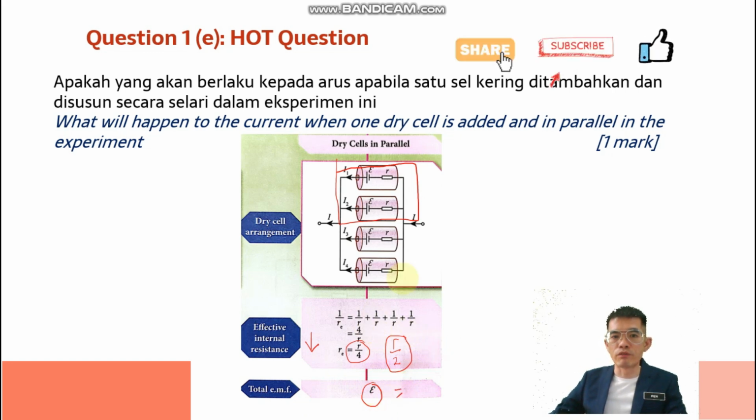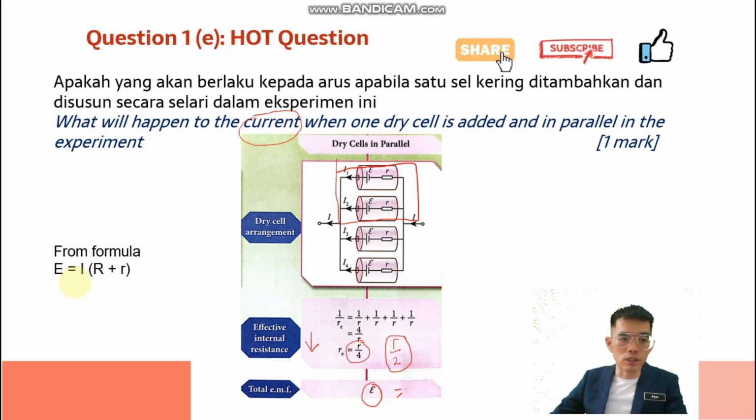So what is the effect on the current? Again, we use the formula we have already learned in section 3.5: E is equal to capital R, which is the resistance, plus small r, which is the internal resistance, multiplied by the current. Here you can see the constants are the E.M.F. and also the resistance, because we have not added any extra bulb or resistance in the circuit.